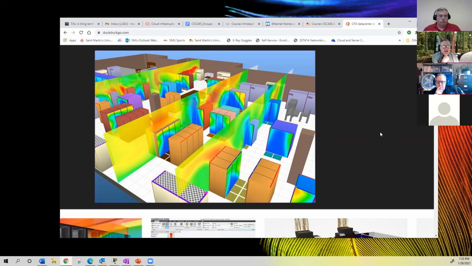And the better that they can not allow hot and cold air to mix, they can then utilize that cold air coming up through those perforated tiles. And the thing is, perforated tiles depend on how much pressure is underneath the floor from your CRAC units.